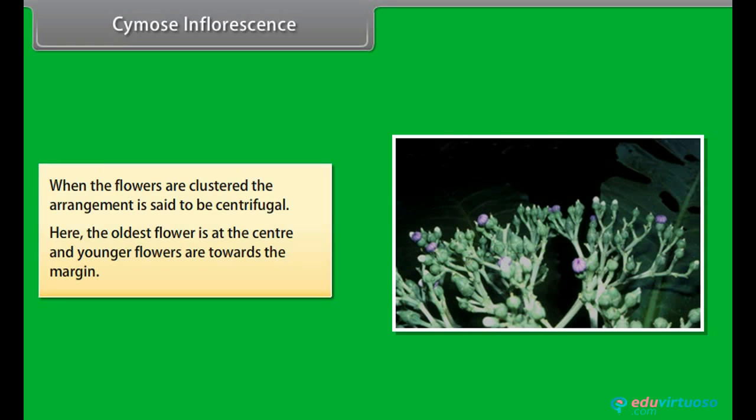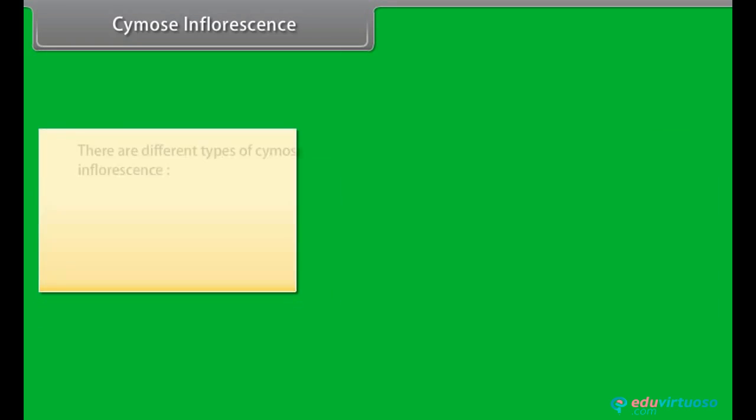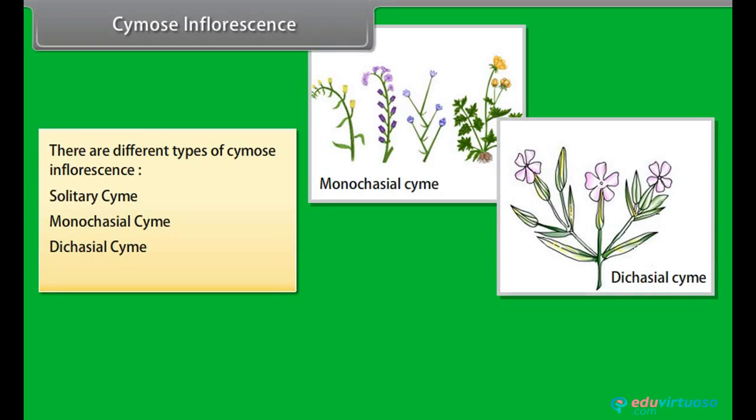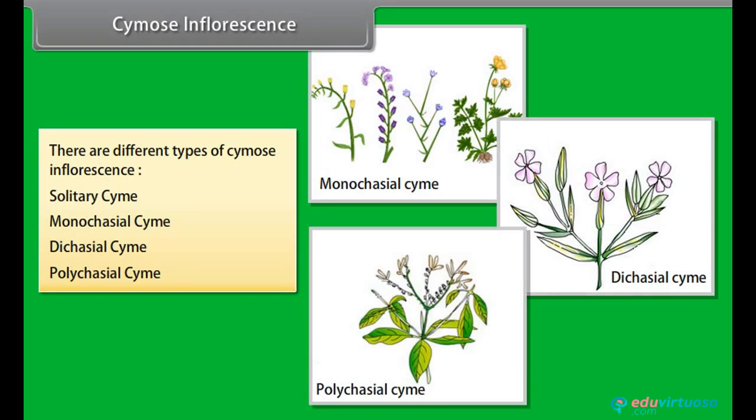Here, the oldest flower is at the center and younger flowers are towards the margin. There are different types of Cymose inflorescence: solitary cyme, Monochasial Cyme, Dichasial Cyme, Polychasial Cyme.